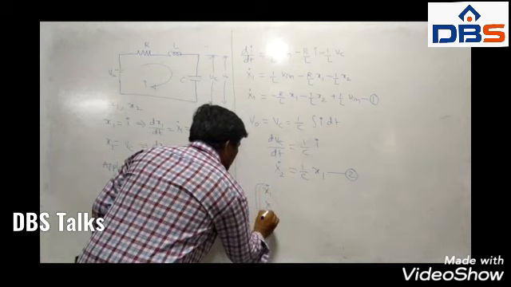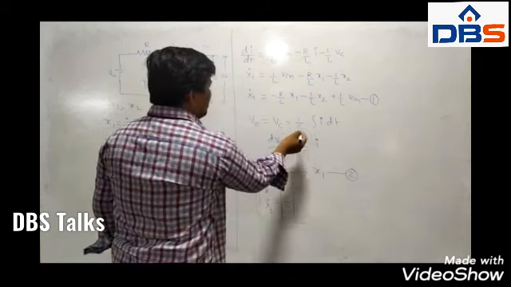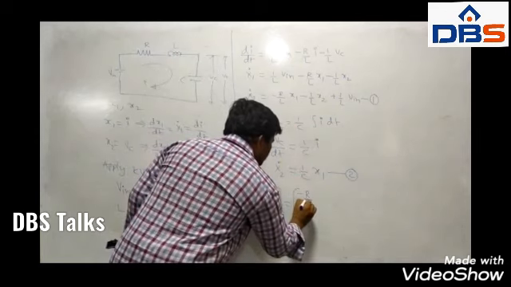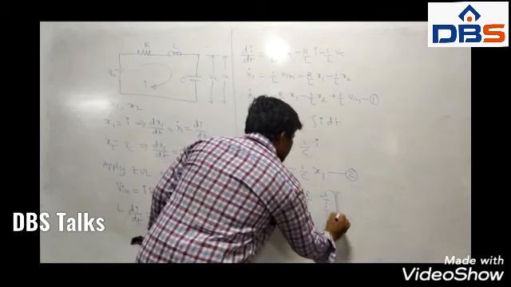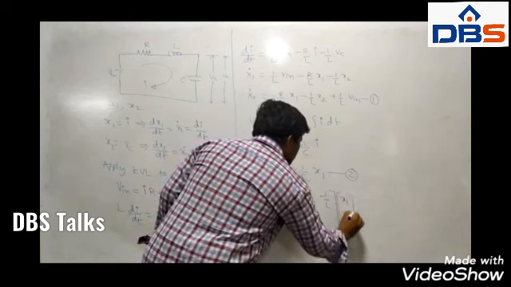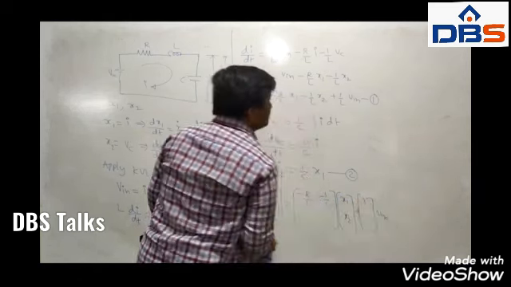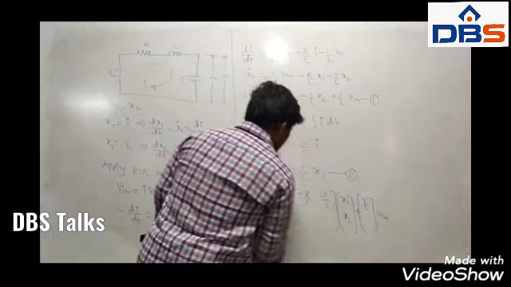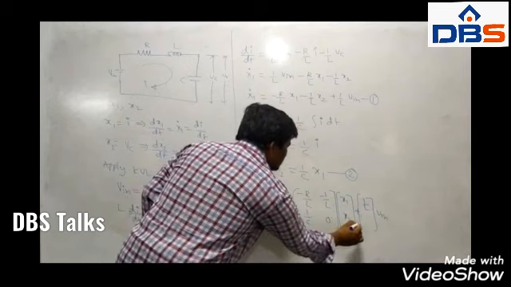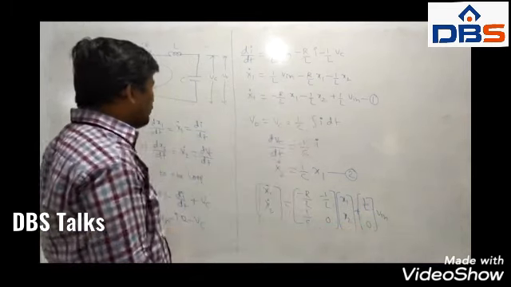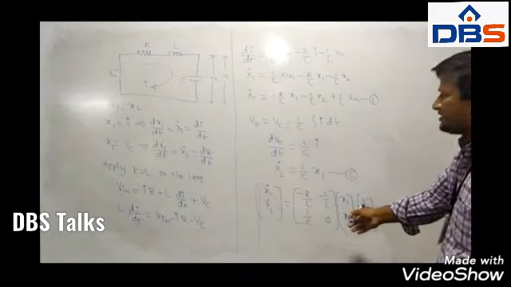So x1 dot, x2 dot equals: the x1 term is minus R by L, the x2 term is minus 1 by L, times x1, x2, plus the input matrix 1 by L times Vin; from equation 2, the second row is 1 by C, 0. This is equation 3, the state equation of the series RLC circuit.